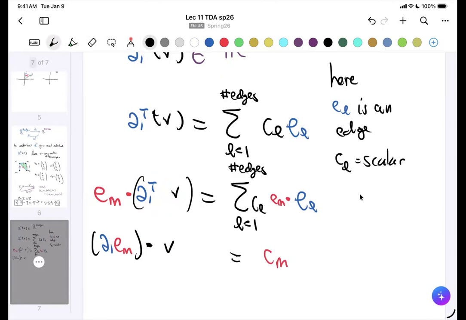Is that making sense? That's the beauty of the transpose: it allows you to move the matrix in a dot product to the other factor, as long as you transpose it. The transpose of a transpose is just the original matrix that you had.